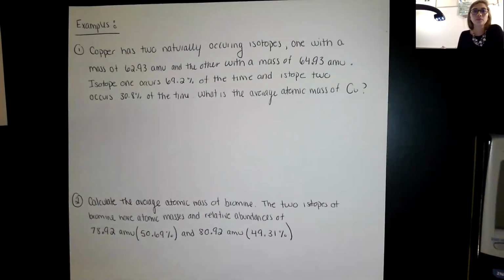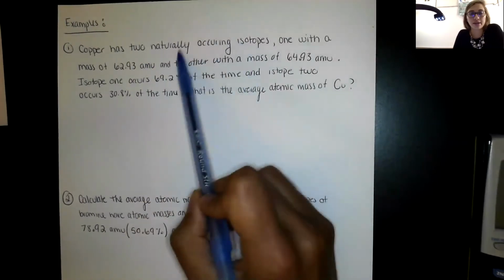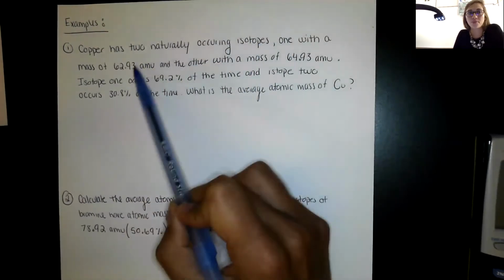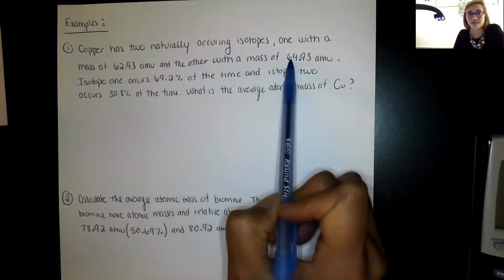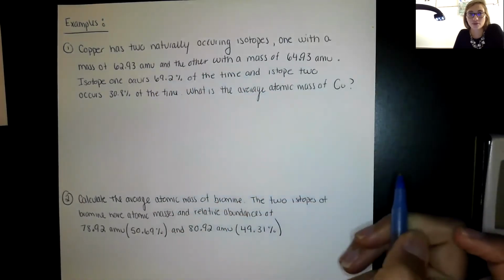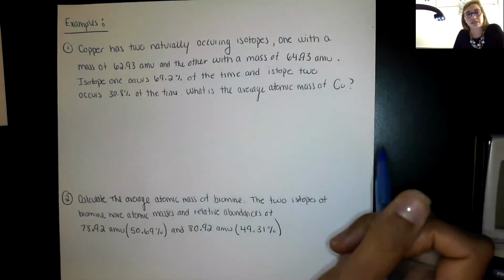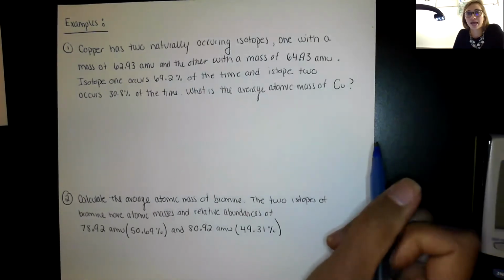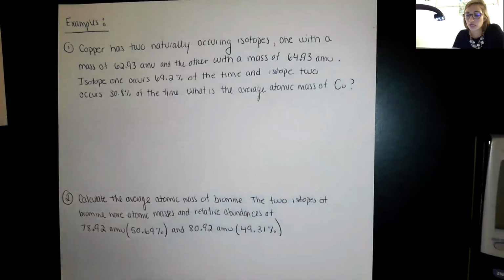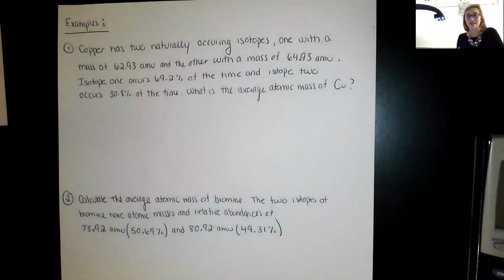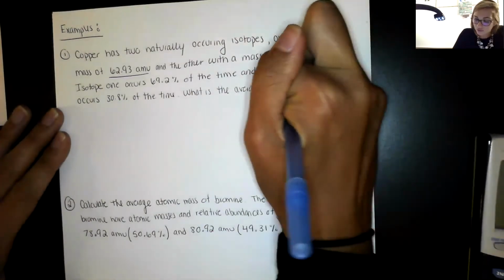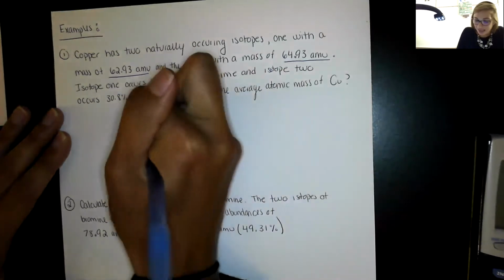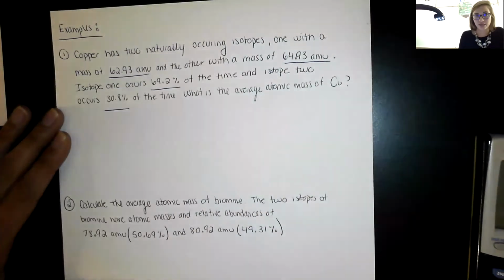All right, copper has 2 naturally occurring isotopes, one with a mass of 62.93 AMU and the other with a mass of 64.93 AMU. Isotope 1 occurs 69.2% of the time, and isotope 2 occurs 30.8% of the time. What is the average atomic mass of copper? We have 2 masses and 2 percents.